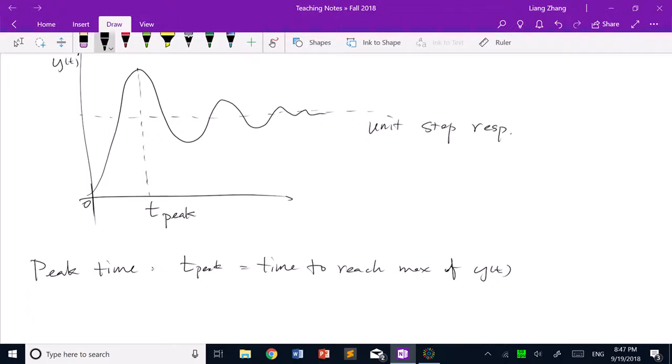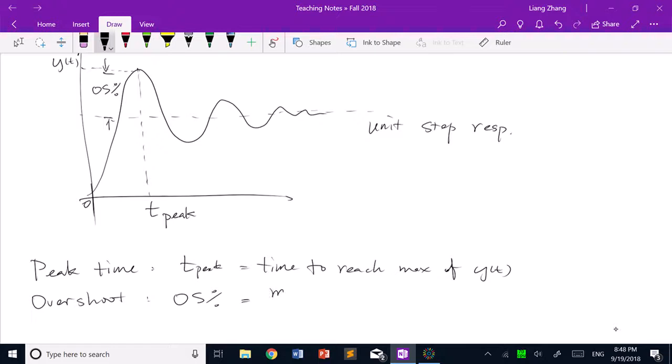Secondly, you want to know how high this maximum is. But you don't really want to compare this with 0. You want to compare how this maximum is different from your steady state level. This is what is called the overshoot, OS, and it is usually valued in terms of percentage.